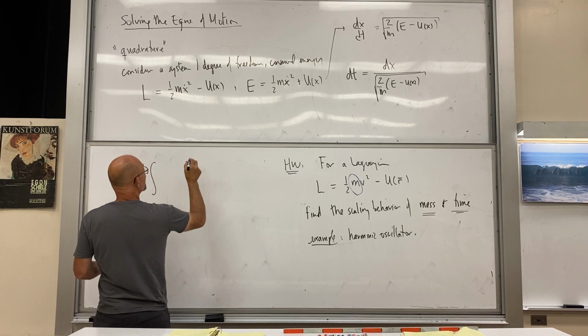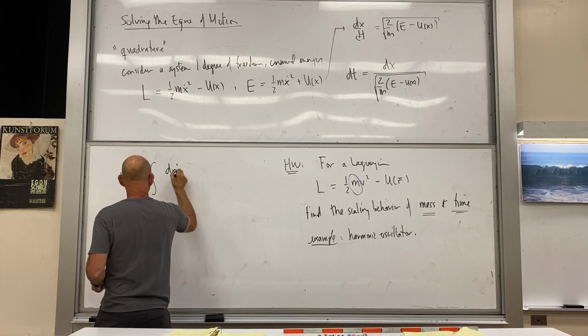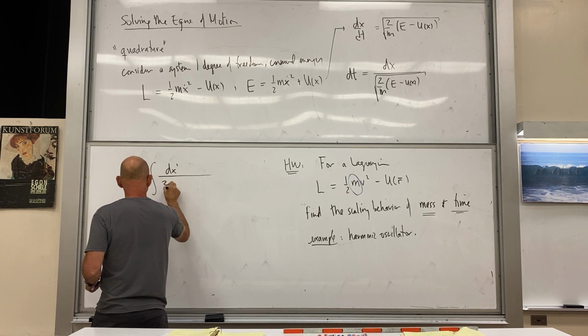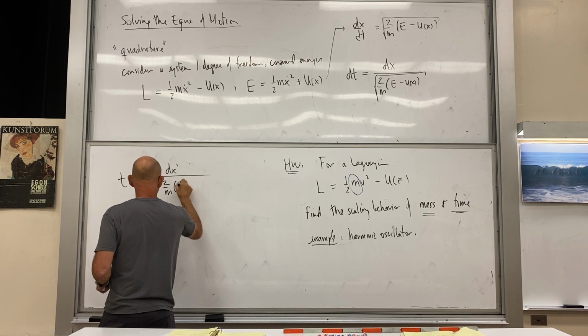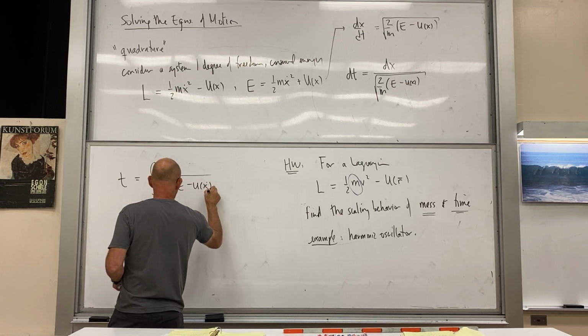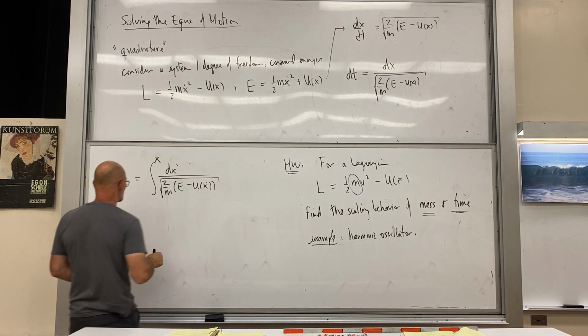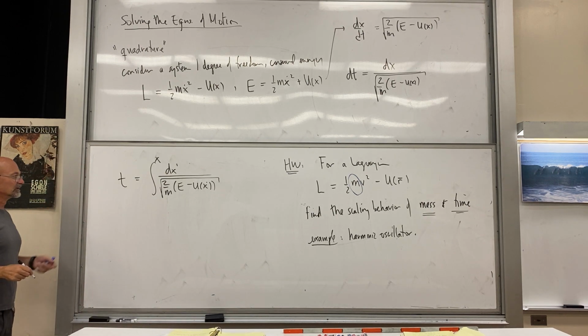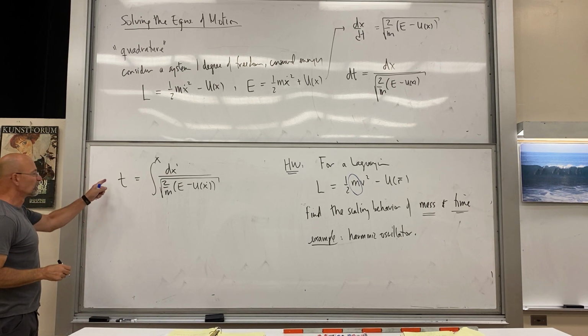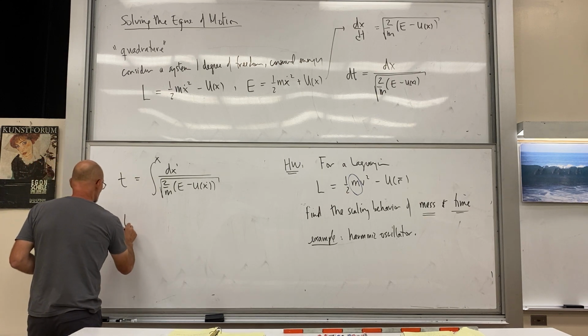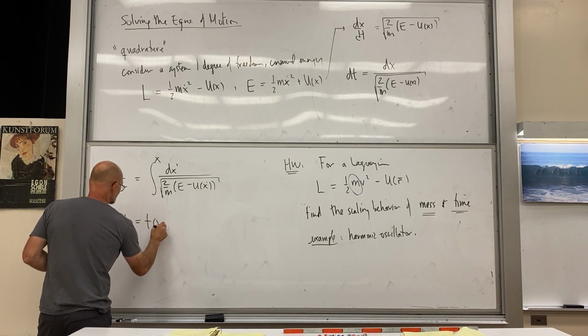Integral dx, but now we'll call x prime as an integration variable, the square root of 2 over m times (E minus U of x prime), with x up here. And there's our answer. But what is this? This is t is equal to t of x.